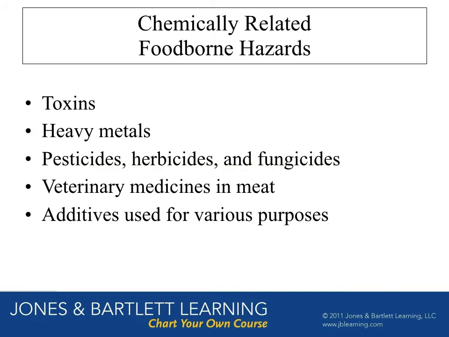We also have chemically related foodborne hazards, such as chemical toxins or naturally occurring, not chemical toxins, but naturally occurring toxins, heavy metals, pesticides, herbicides, fungicides, veterinary medicines in meat, primarily antibiotics, and additives used for a variety of purposes.